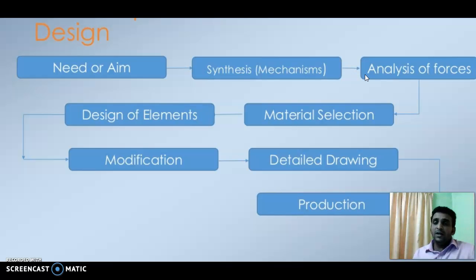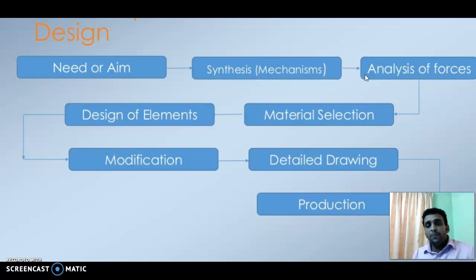We already studied the static and dynamic analysis of forces in the previous semester. So we can substitute these analyses of forces here. Then we need different materials. Soft and hard materials are available. So we have to identify which material is used for our project. That is the important thing. Then next one, design of elements.